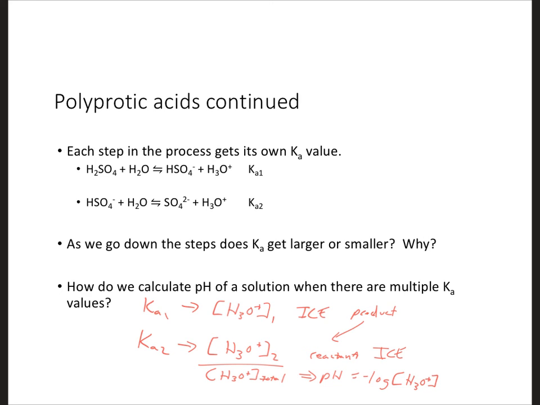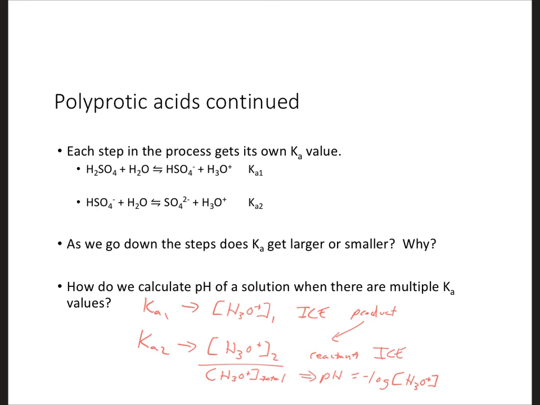So instead of asking in these questions just for the pH, which you might be able to get from one ice table, they'll typically ask you for the concentration of different ionic species, because then you actually have to solve the second ice table to get an X value and plug that into the table. So they'll ask you a little bit different things when it comes to these problems, because they want you to solve two ice tables.